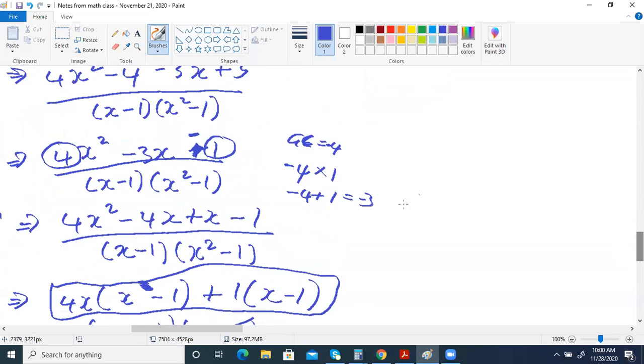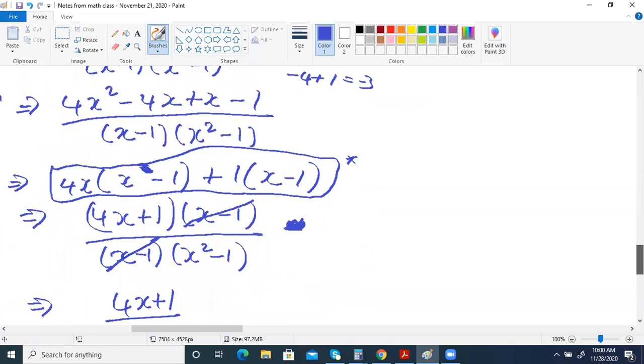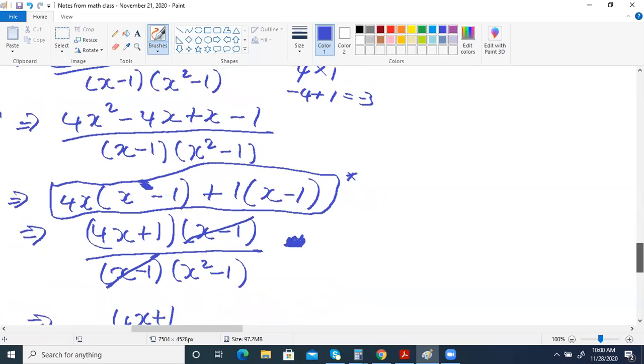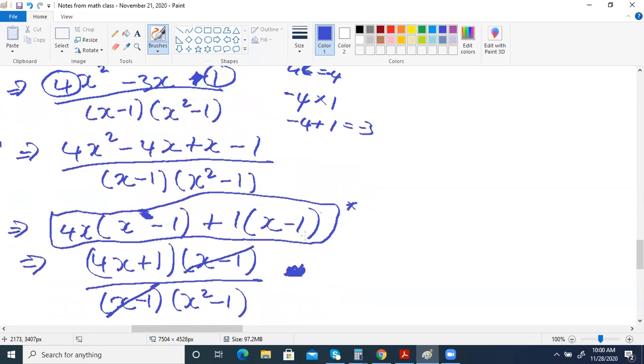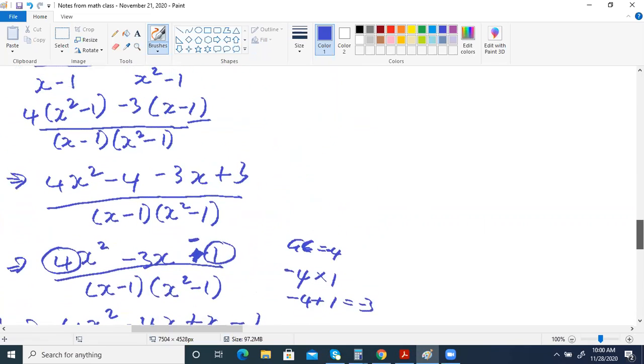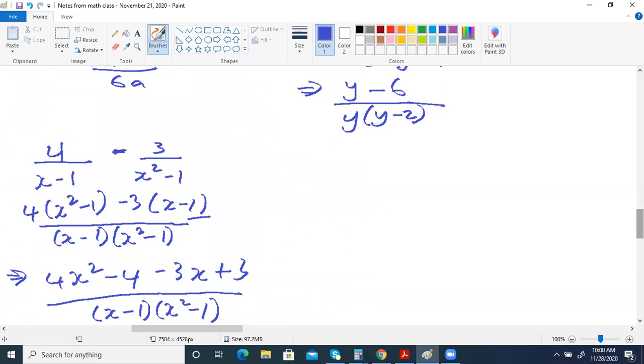I'm just making a point that this should have had the denominator written below it. For future reference, the same x minus 1 times x squared minus 1 should have been below this. Then this line comes next, right? So don't worry about it. This is what you would do. So you do this question, or you see this question now. Later on when I teach factorization, you can come back to this and see what this was all about.